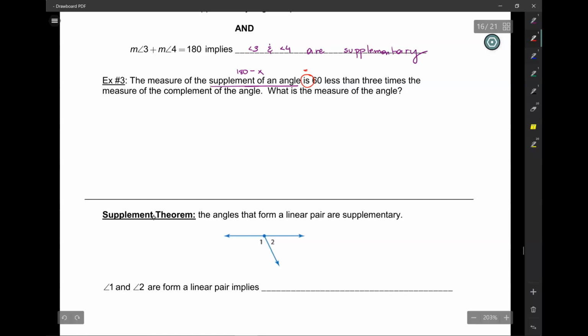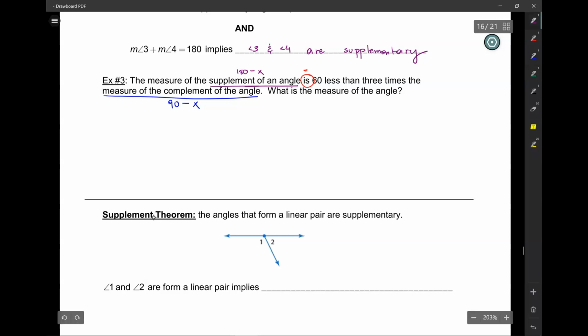So 180 minus x equals 3 times... The measure of the complement of the angle. If the angle is x, how big is the complement? 90 minus x.